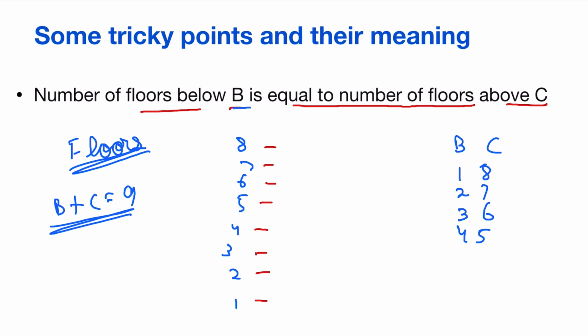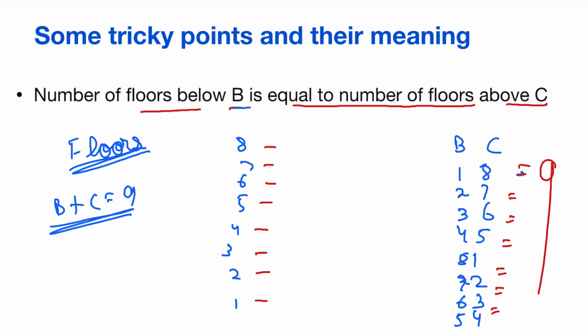And of course I can just change vice versa also. So I can do that 8 and 1, 7 and 2, 6 and 3 and 5 and 4. So once again the sum at all places is equal to 9. Okay, so all of them have the equal sum, which is 9.